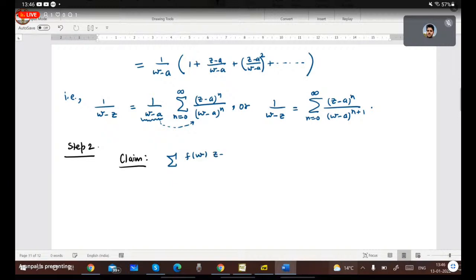So basically, class, I am preparing the proof of our theorem in parts. So first of all, I am preparing these parts, and then I will assemble all these to get the final product.